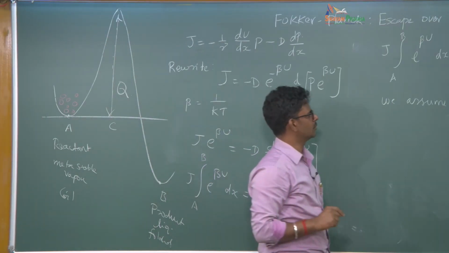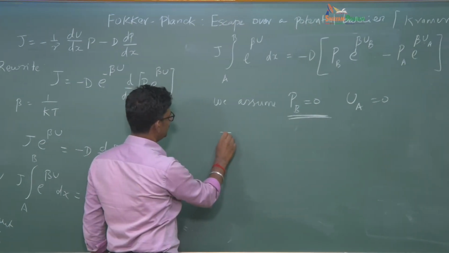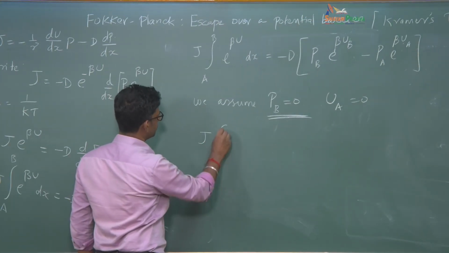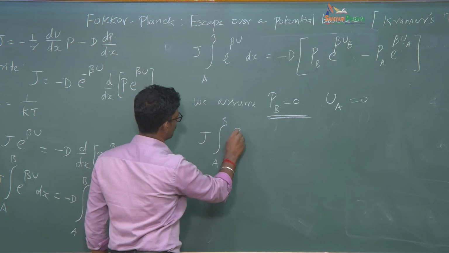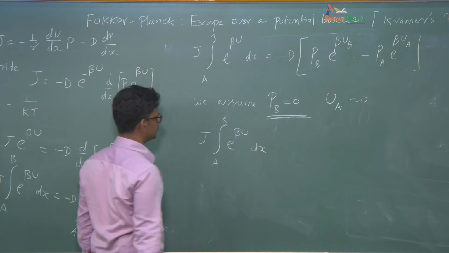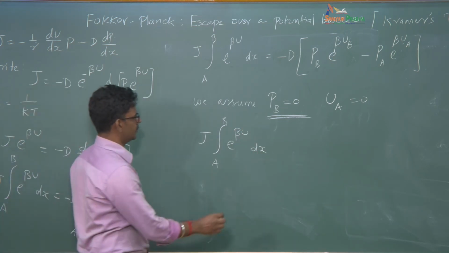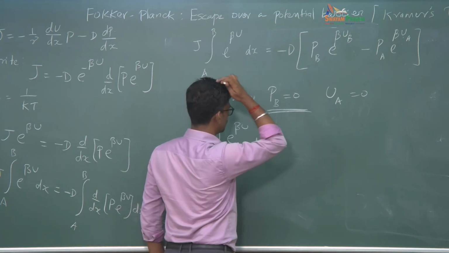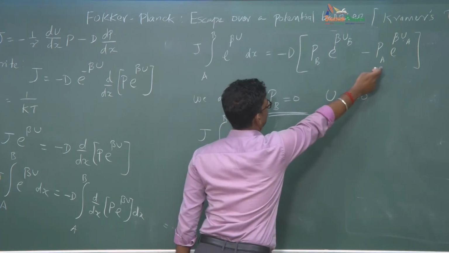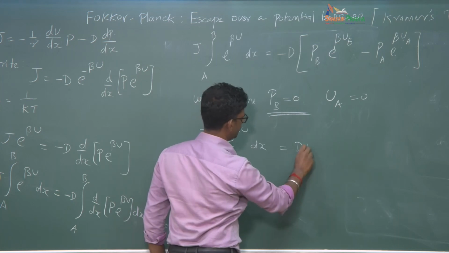If you substitute all this, you will see J is equal to, so this is 0, so here I have one minus Pa. So it will become D times Pa.